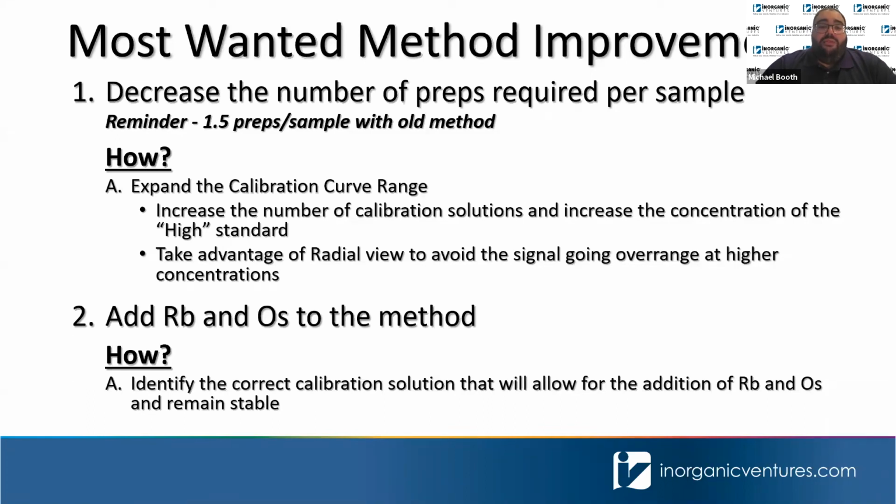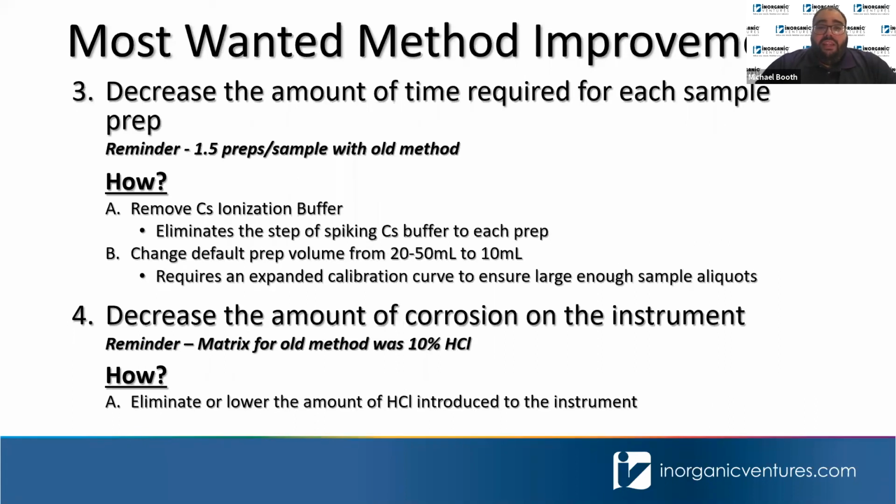So instead of pulling any blends with rubidium and osmium off to the side and then doing maybe a separate ICP mass spec check or some other type of different run other than our normal daily run, we wanted to include those elements in so we wouldn't have to go back and essentially double check blends just to get rubidium and osmium. So what we did was we wanted to add those to the calibration curves, and Thomas will go over how we added rubidium and osmium in the next section.